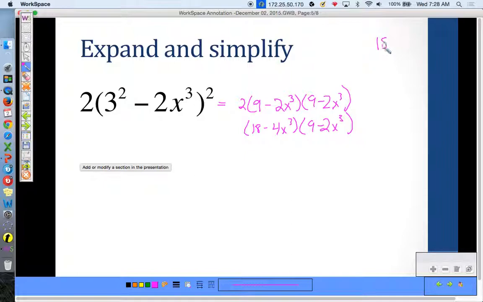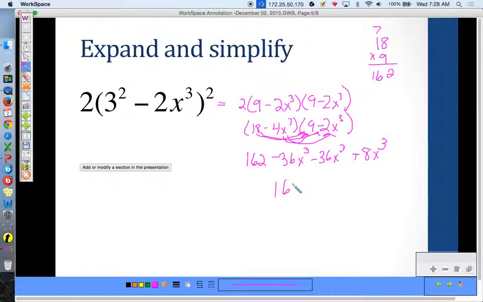So let's see, 18 times 9 is 162. So 162 minus 36x cubed. Right here we have minus 36x cubed plus 8x cubed.